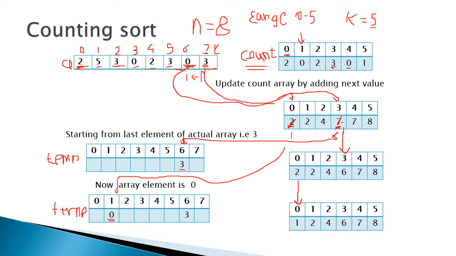Again decrement i, that is 5. Means i is on the 5th index and the value on that is 3. Then again the next, go to the index 3.